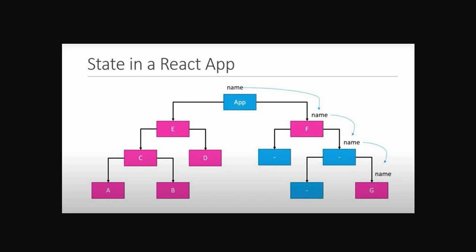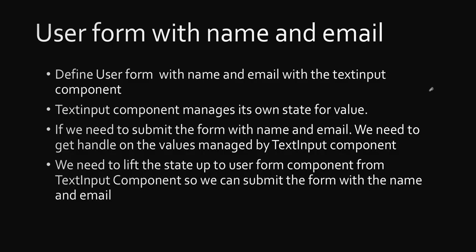Let's demonstrate this with an example. Let's define a user form with name and email. So here we have a simple form component with name and email fields, and for entering both name and email, we create a separate component called text input. Now text input has its own state for managing the value of the control and setting the value of the control.